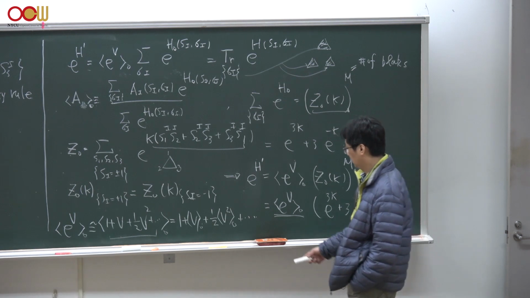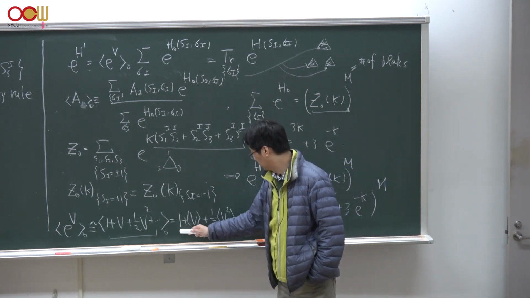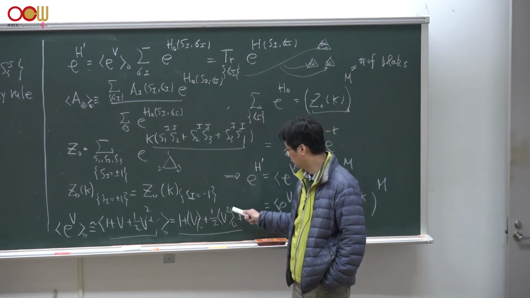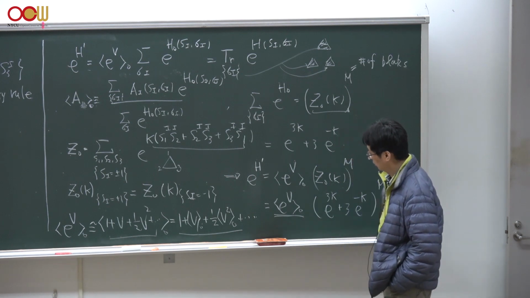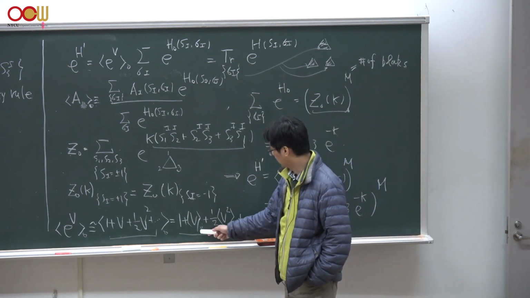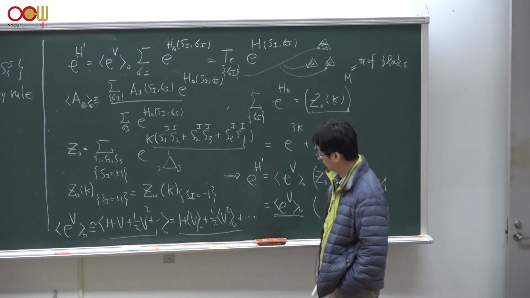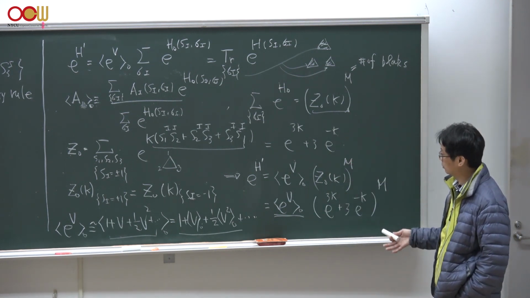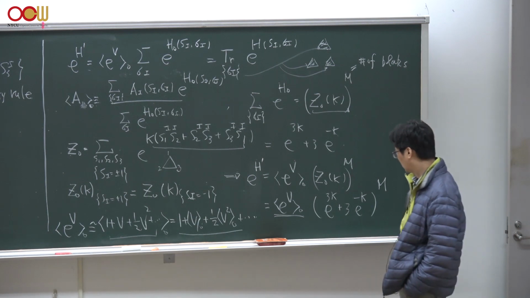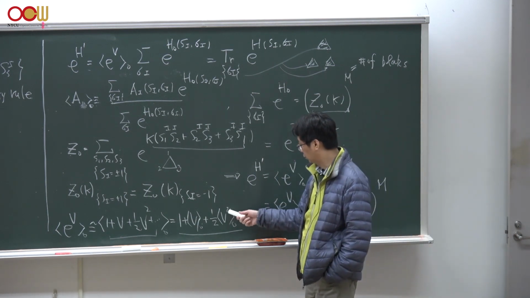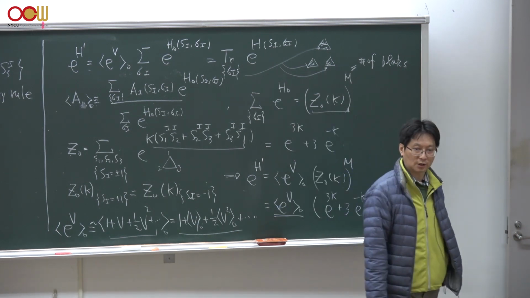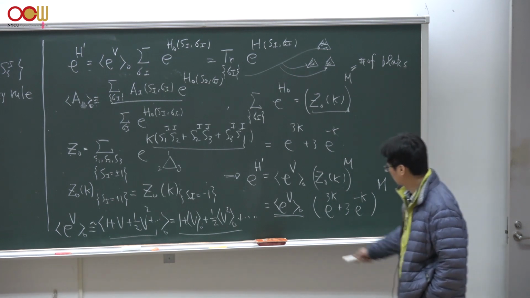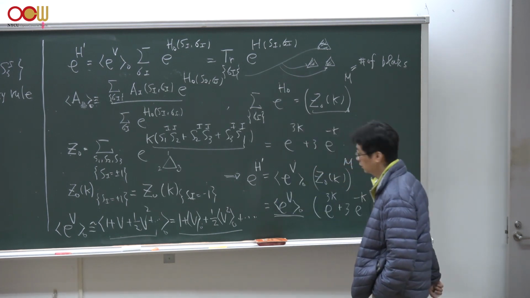And we could simply separate these leading terms into different terms. The first term is the trivial one, and the second term is the linear order in V with the ensemble average with respect to H0. The next one is 1/2 of V squared average with subscript 0, and so on and so forth, and we neglect the higher order terms.